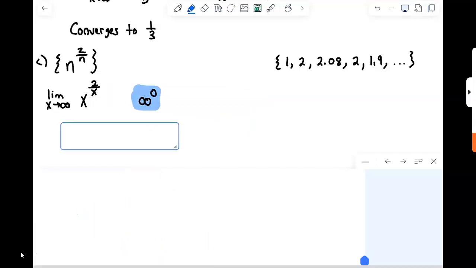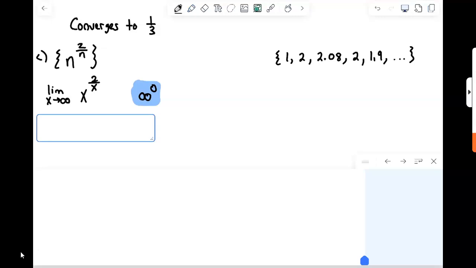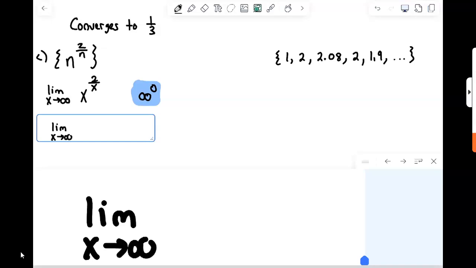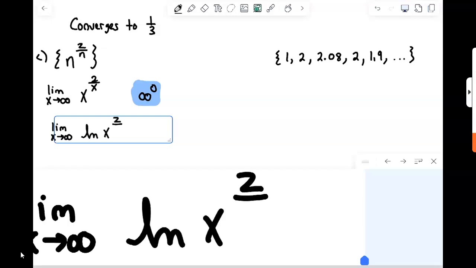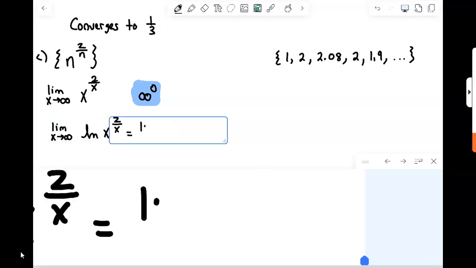Remember, for those kinds of limits, we step away from that piece for the moment and talk instead about the limit as x goes to infinity of the ln of that stuff. Again, we use our properties of logarithms to bring the exponent out. That was really the whole reason we did that.